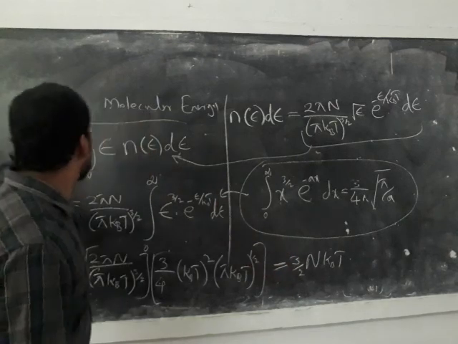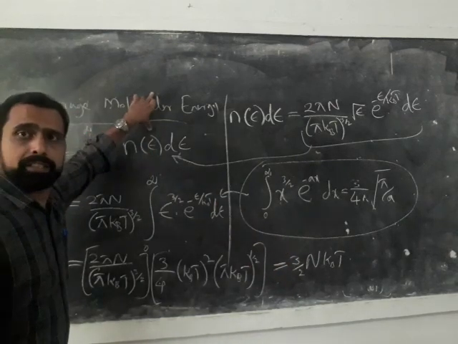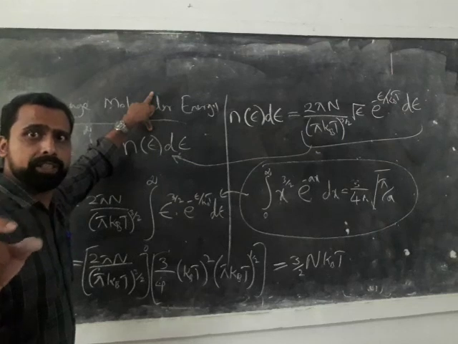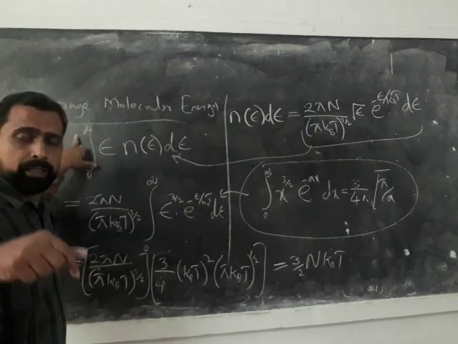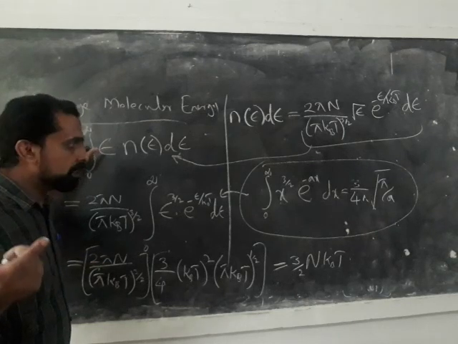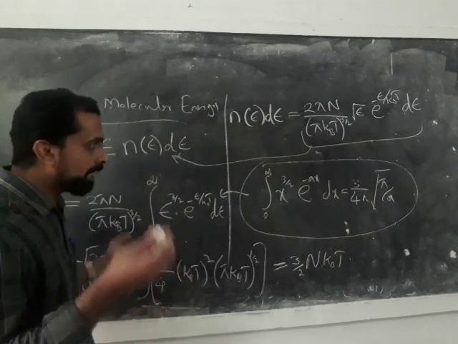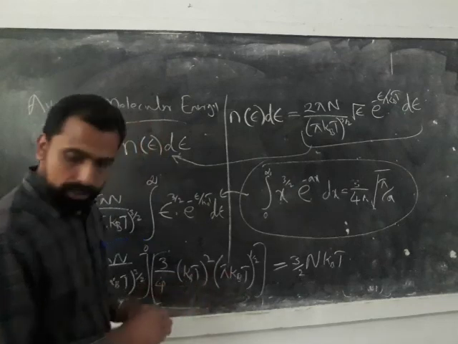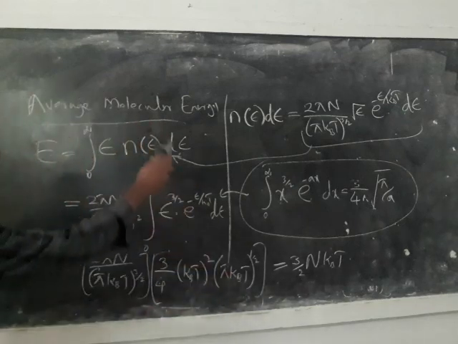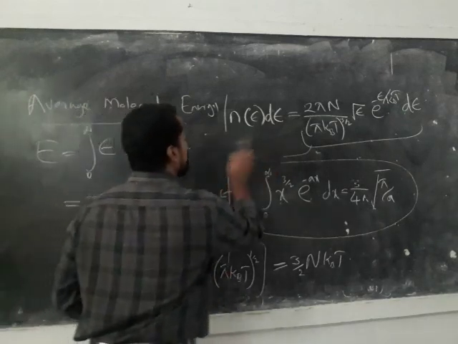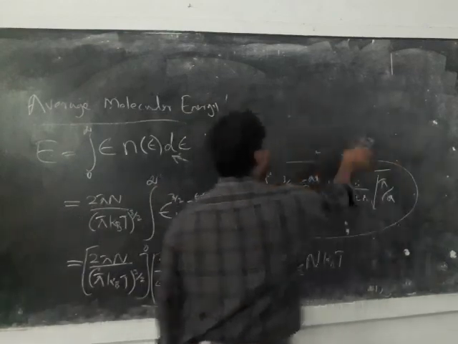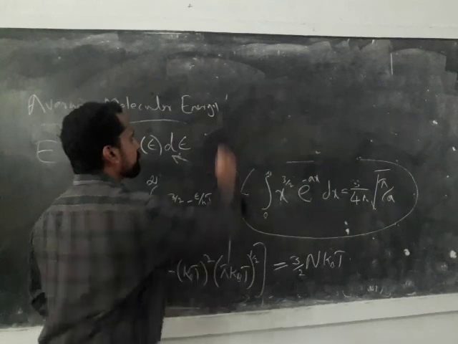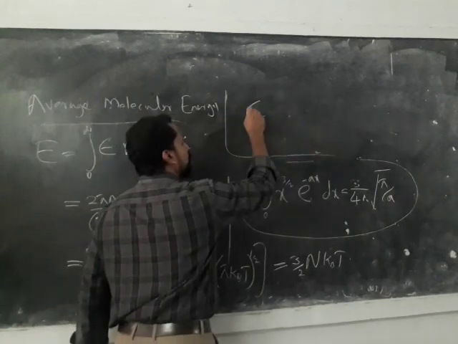Now you need the average molecular energy. In order to get it, you have to divide this total internal energy of n molecules by the number of molecules, that is by n. The average molecular energy is represented by the symbol epsilon bar.